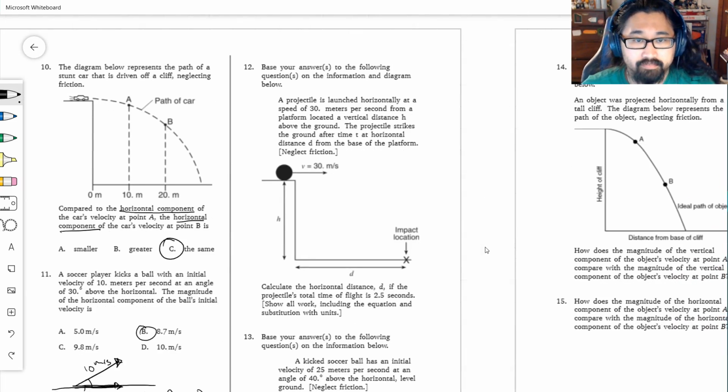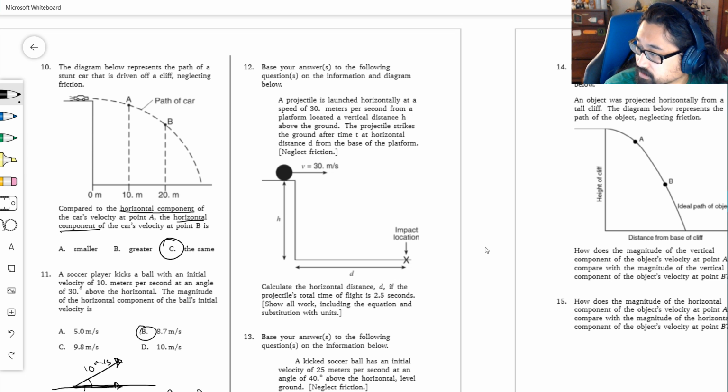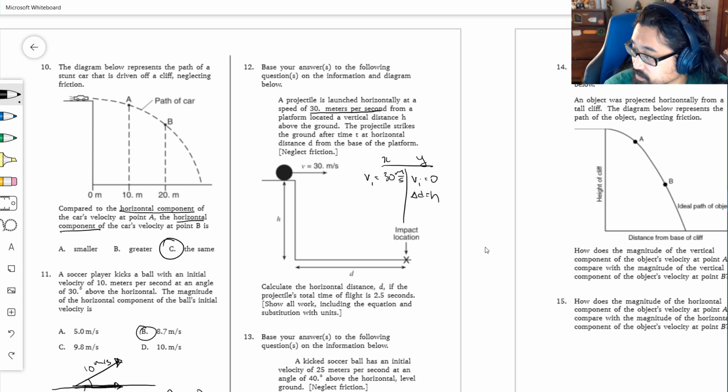Projectile is launched horizontally. So I have a horizontal speed. I'm going to start separating information. Vi is 30 meters per second. Launched horizontally means that this is 0. I know that the change in distance is h. I know that the time is t. Uh-oh, looks like I don't have enough. Oh, they gave us time.